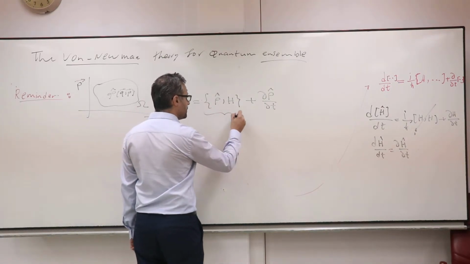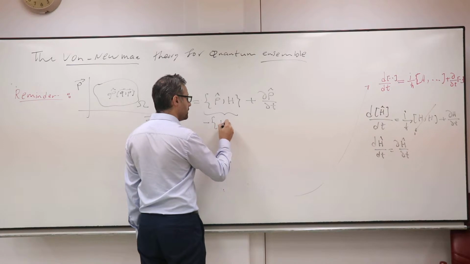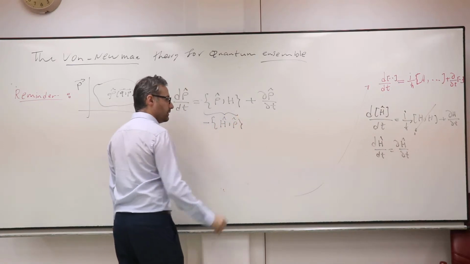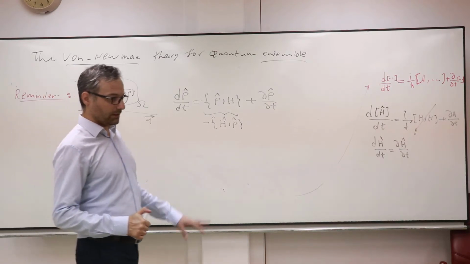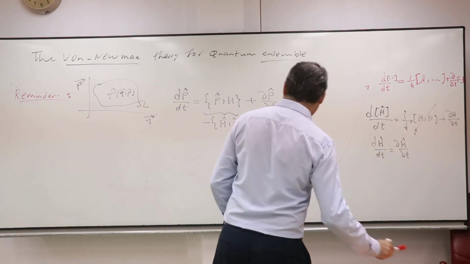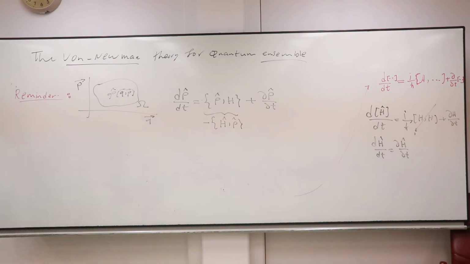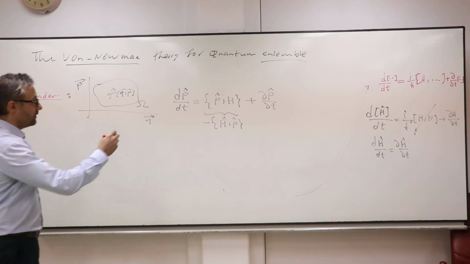I can write this equation in another form, yes? Minus the Poisson bracket of H and rho. Now, no conclusion yet. Just let me compare the classical Liouville theorem.